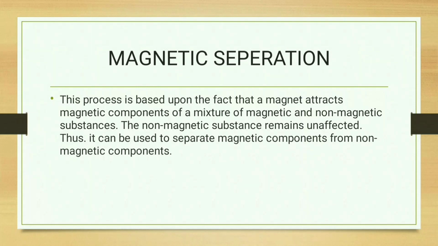So what we do is take a magnet and take out the magnetic substances from the mixture with the help of that magnet. The non-magnetic substance remains unaffected. Thus, it can be used to separate magnetic components from non-magnetic components.